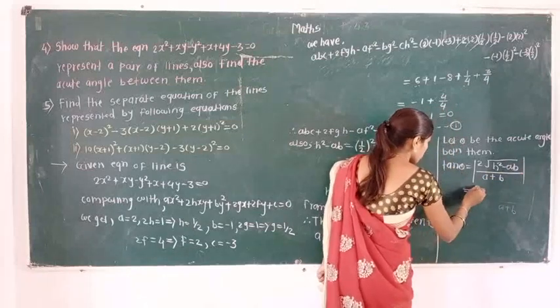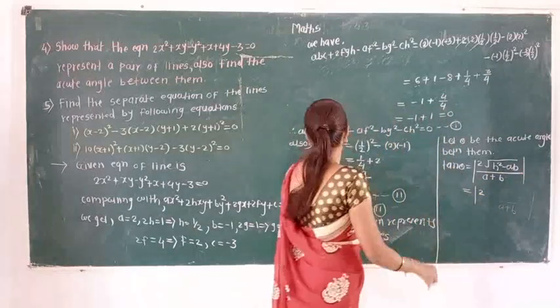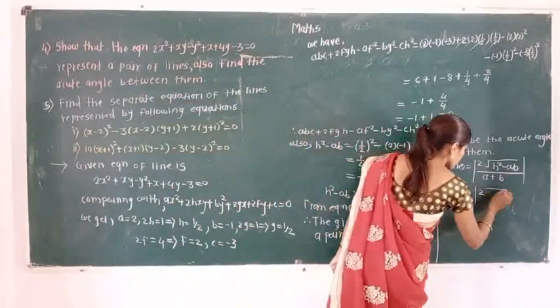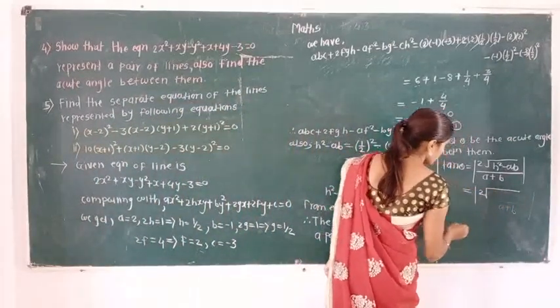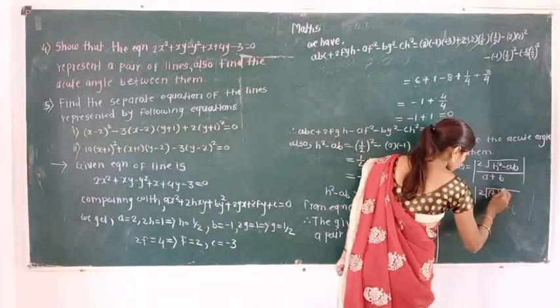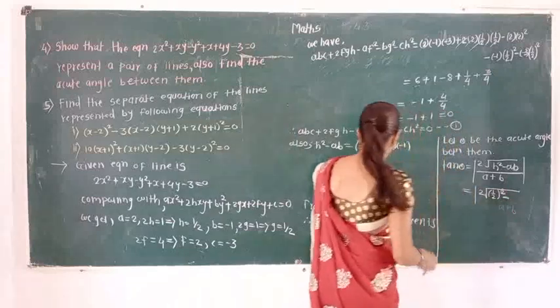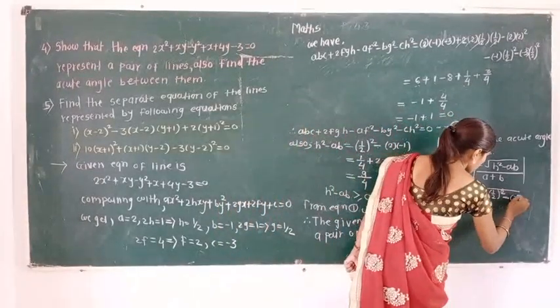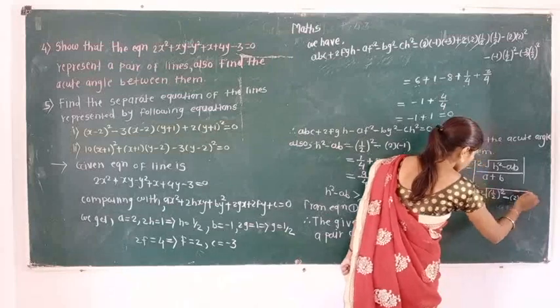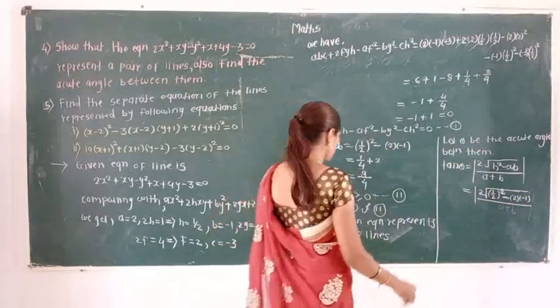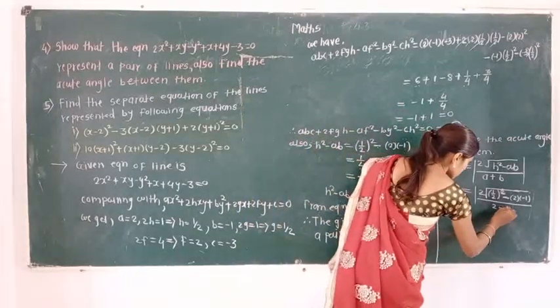The value of h is half, so square root of half square minus a, which is 2, times b, which is minus 1, whole term divided by a plus b, that is 2 plus minus 1.